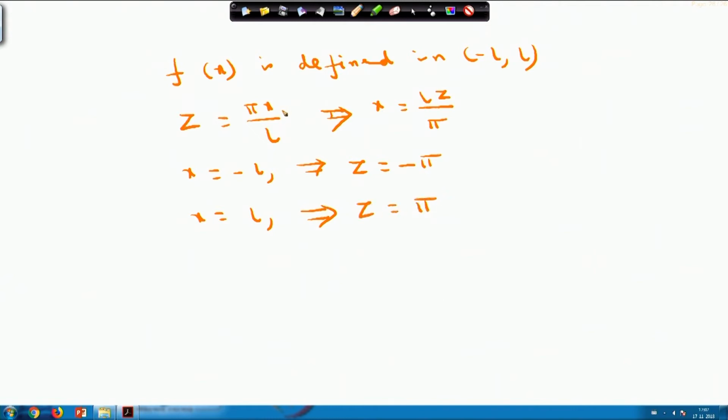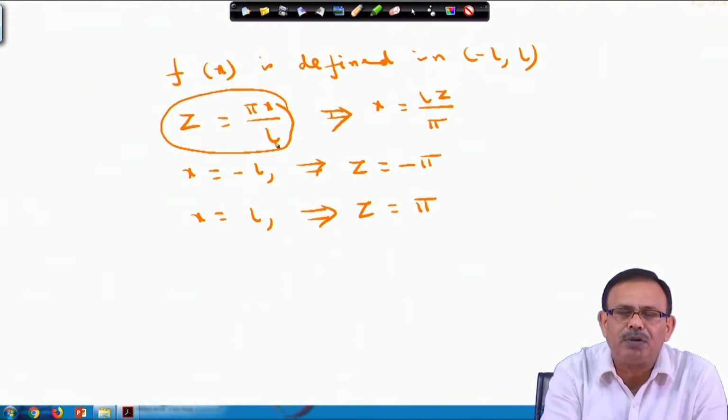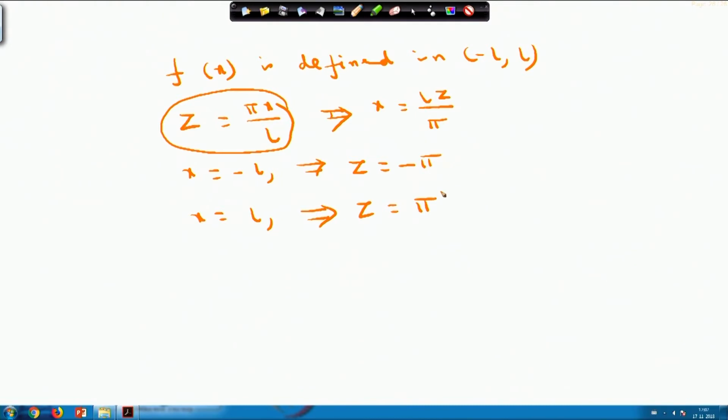So basically we are making a substitution z equals pi x by L, and by this substitution we are changing the range of the function from minus L to L to minus pi to pi.